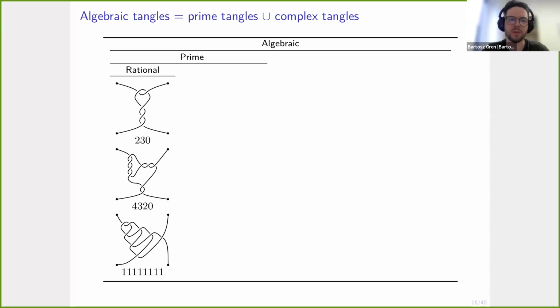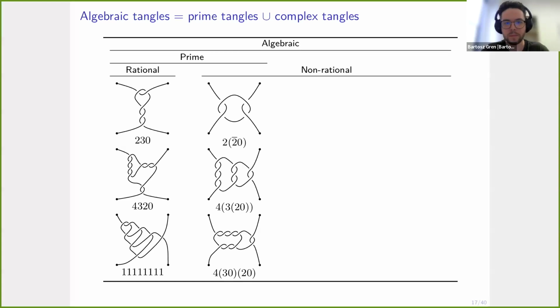But of course, rational tangles are not the only possible algebraic tangles. By algebraic tangles, I mean all tangles which can be built from basic tangles by addition and multiplication. So we can also add and multiply rational tangles together, and then we get more complicated tangles, which are harder to study.